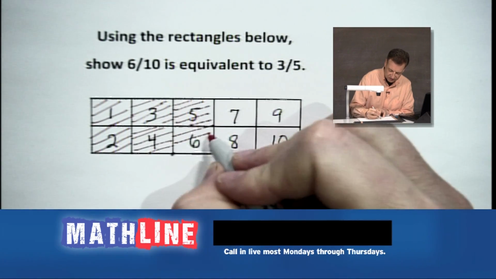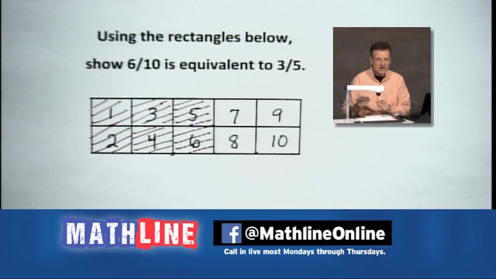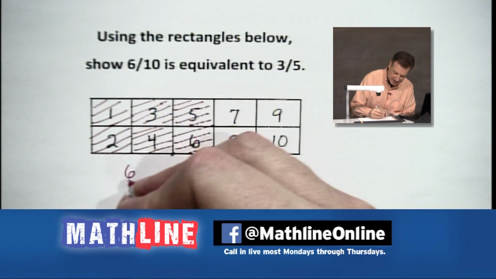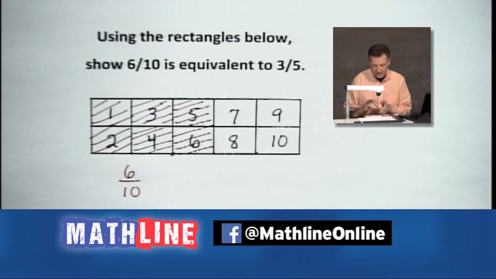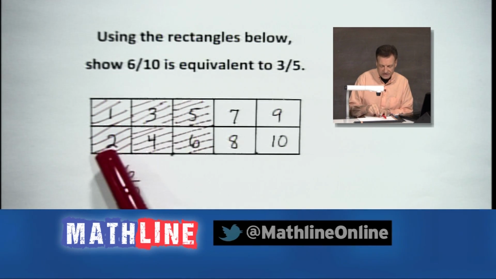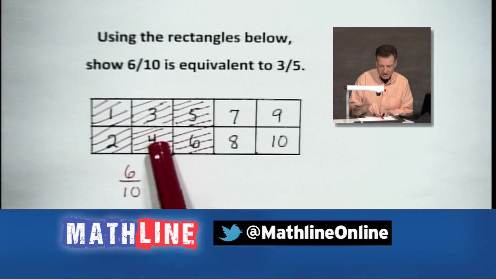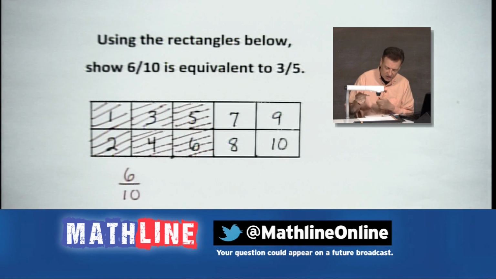There's number 6. And look what we've got. We've got the same amount of space if we were to say 6 out of 10 when we're looking at all the little rectangles. And then these little ones are a little bit bigger. This strip here, here, and here, we're now at 3 out of 5.